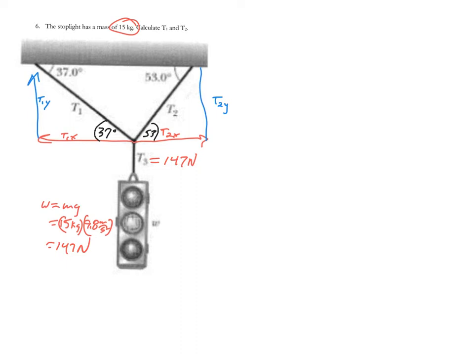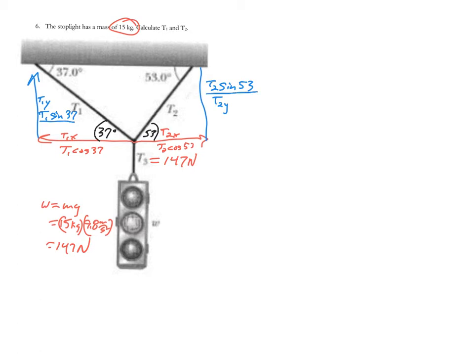And now I'm going to go back and say this is T2 cosine of 53. This is T1 cosine of 37. Sorry, I should have done this a second ago. Which means this is T2 sine of 53. And this is T1 sine of 37.